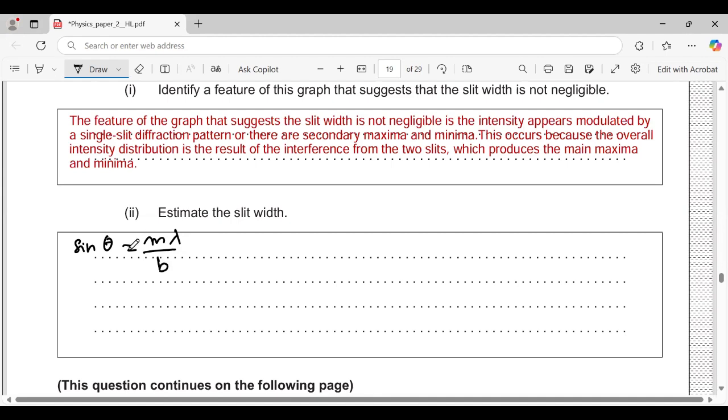For the first diffraction minimum, m equals 1, the equation becomes sine theta equals 1 times lambda over b. And we can rearrange, if b is the subject, b equals lambda over sine theta.